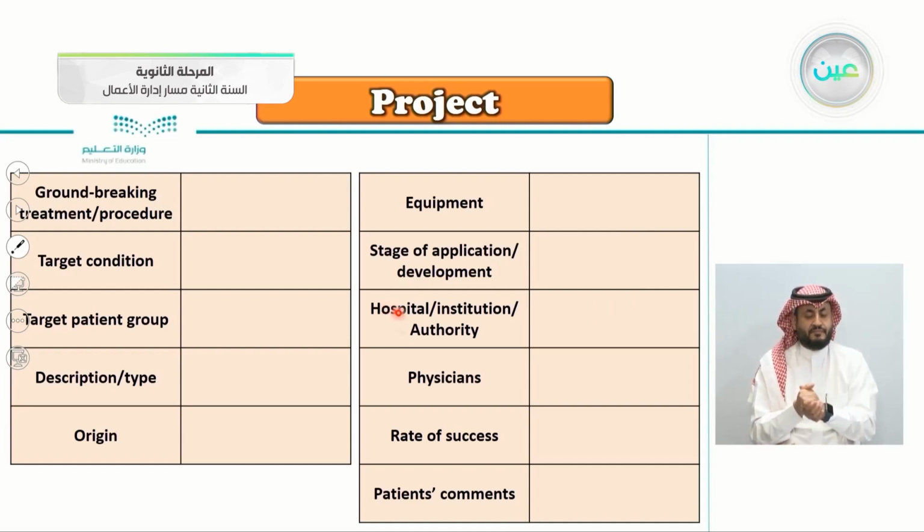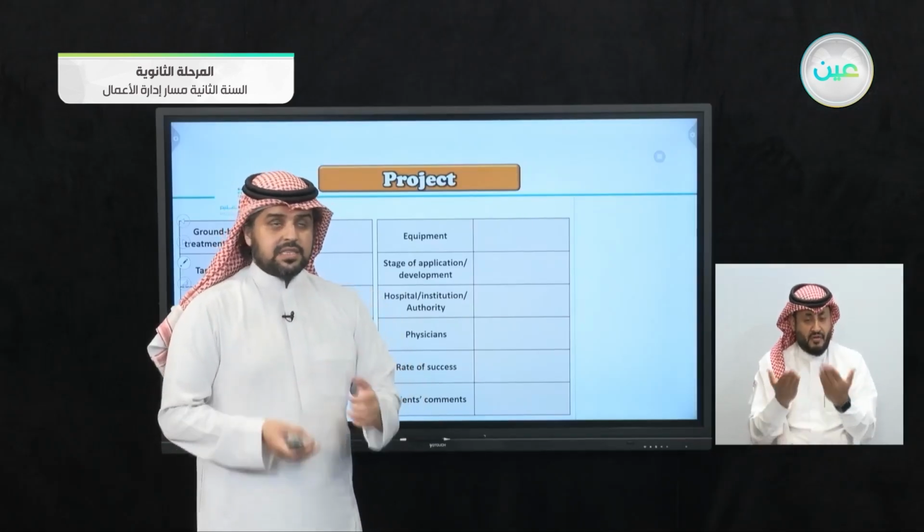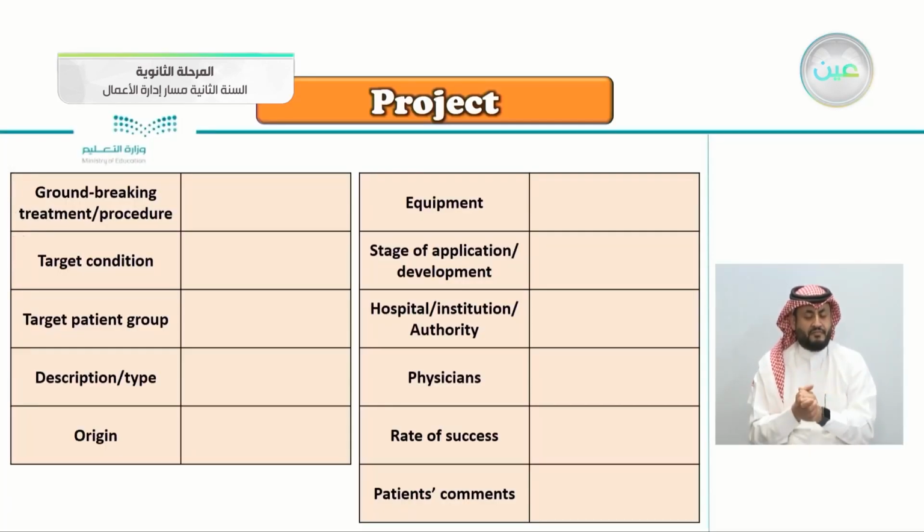Is it a hospital or an authority or maybe someone else? Physicians, the doctors or the scientists behind this treatment. Rate of success. Rate of success is 100%, 50%, 80%, and so on. The patient's comments. What did the patient say after they received this treatment? The comments of the patients.